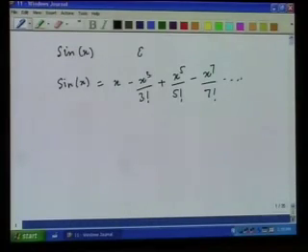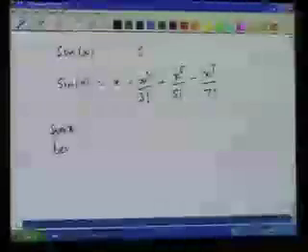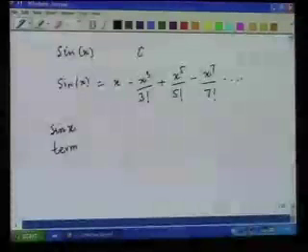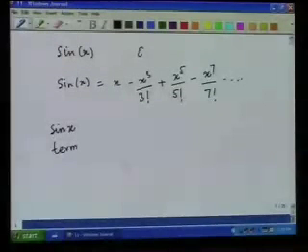Okay, so before looking at the program, let's try to work out an informal algorithm for doing this. So let's say we'll use these variables. Sin x will carry the sum of the terms, which will finally of course give the value of the sine of x. And let's say term is the most recently computed term, the last computed term in this series.